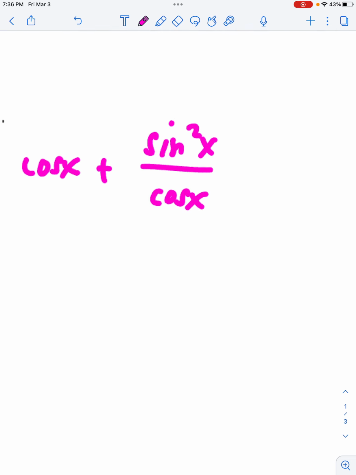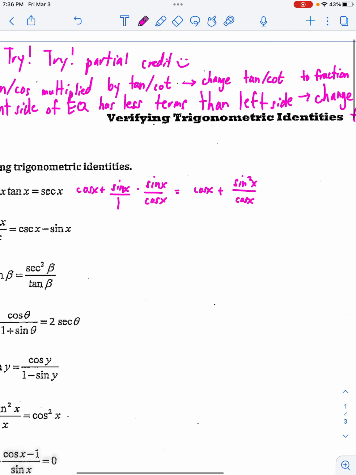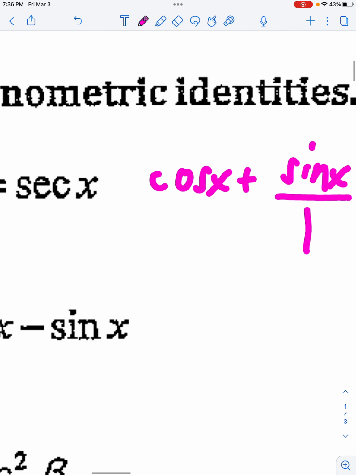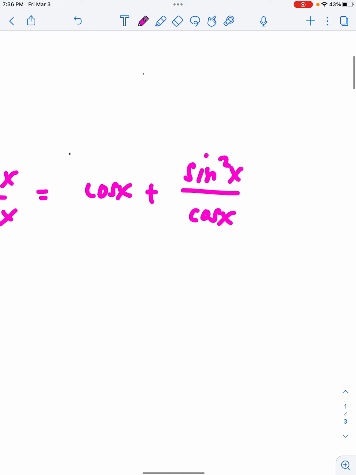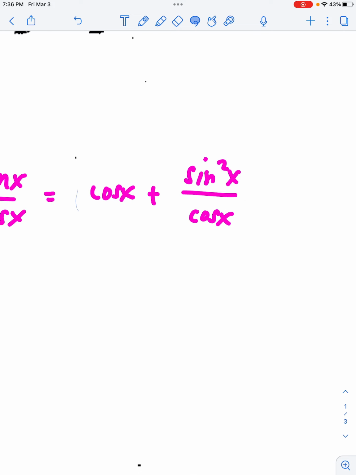So I have two terms here, a cosine and a sine squared over cosine. I need to end up with just one term, just a secant. So I probably need to combine these two. Cosine x is the same as cosine over 1, so let's get a common denominator.